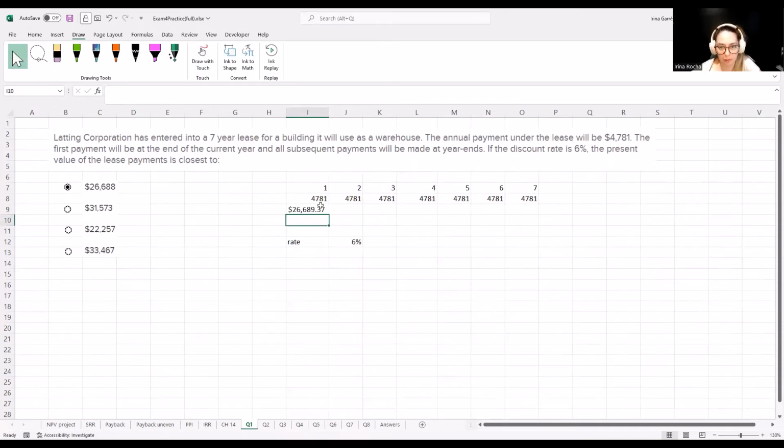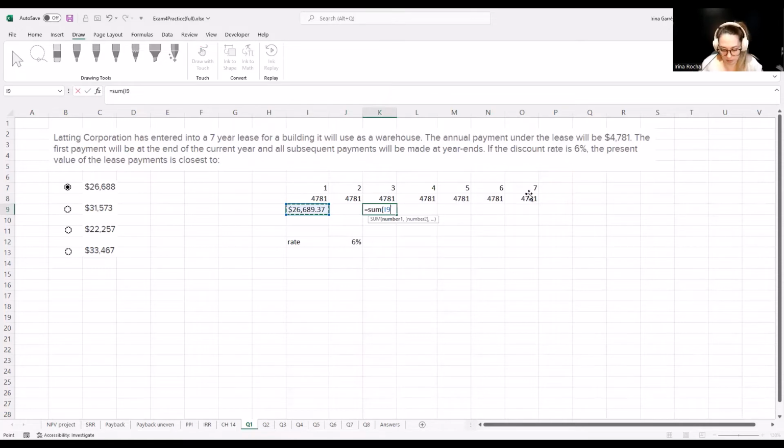Let's suppose you're about to rent a house, inflation is close to 6%, and you want to know how much you're actually going to pay. So let's suppose you're going to pay this every year, right? We just sum them.